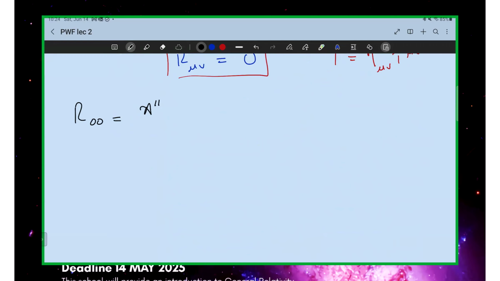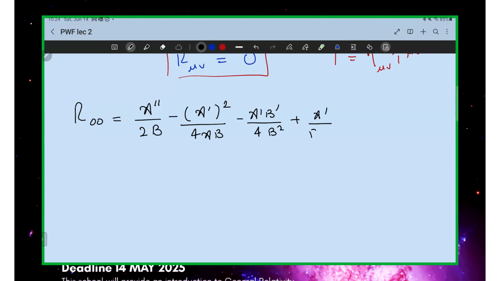Now prime refers to the derivative with respect to R. Remember that A and B only depend on R. Okay. So this is the first component.